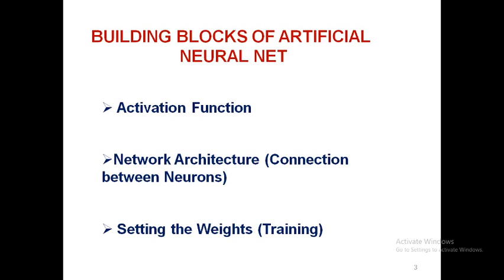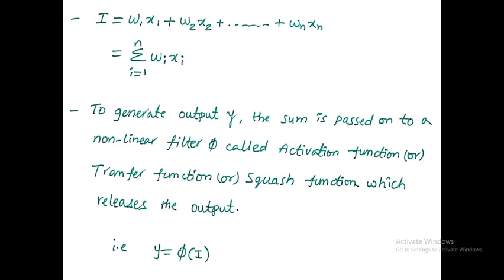In this, we will first see the activation function. As per the block diagram, let us assume X1 to Xn are the input neurons, and the corresponding weights are W1 to Wn.